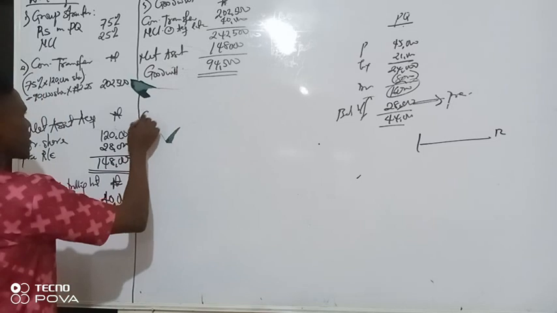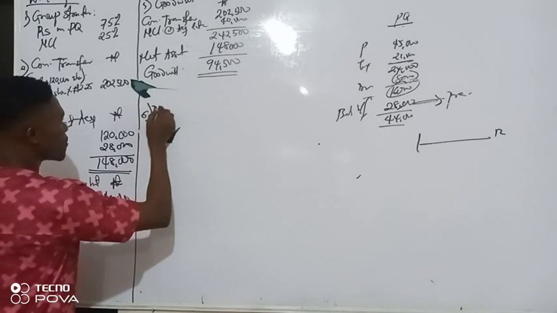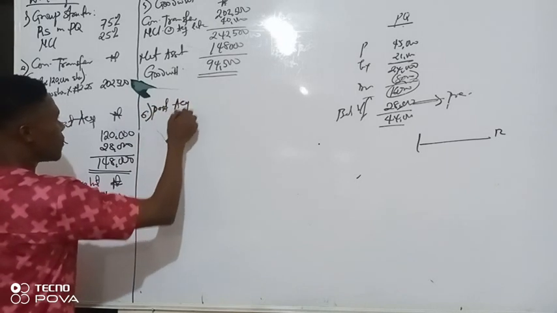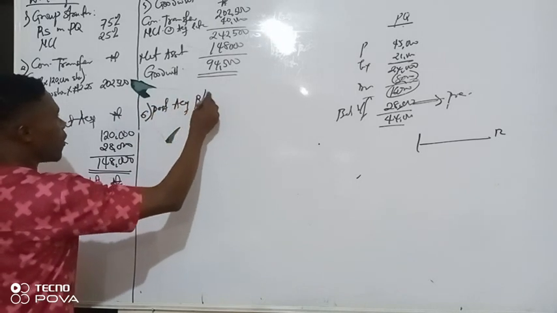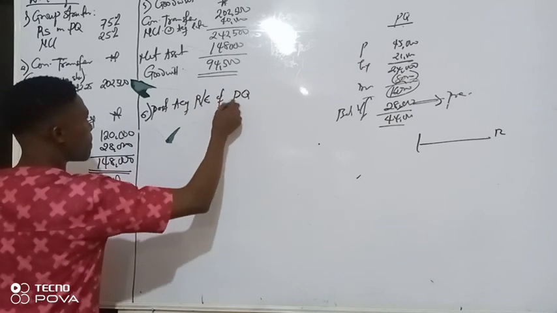Number 6 now is the post-acquisition reserve of the subsidiary. That's PQ. Post-acquisition reserve, all the changes of PQ.